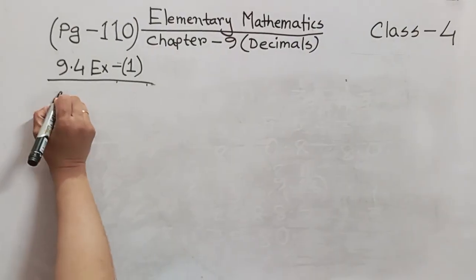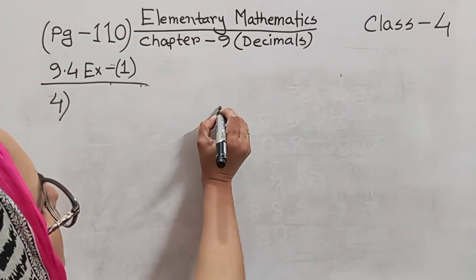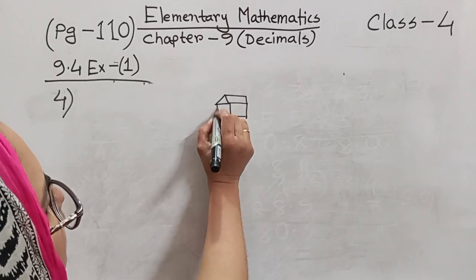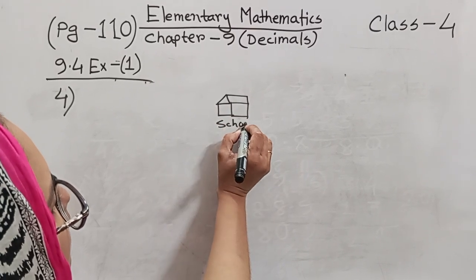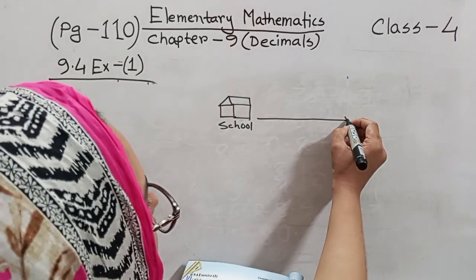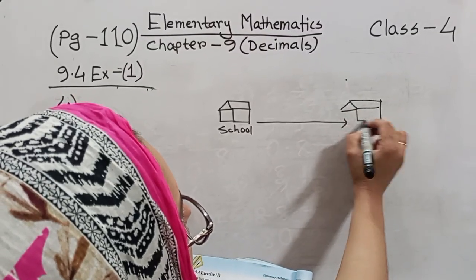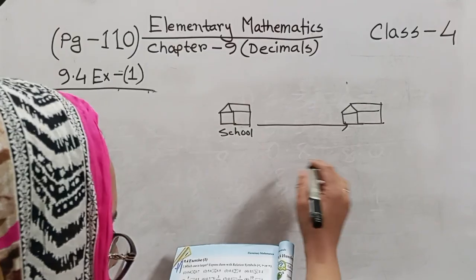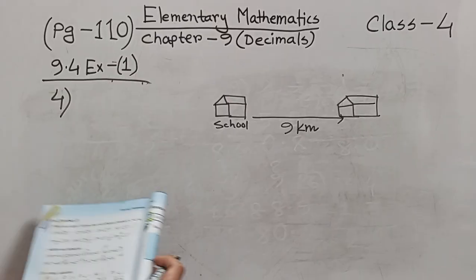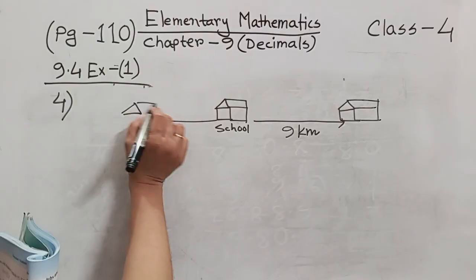Question number 4. Suppose this is school. This is Shima's house. And the distance from school to Shima's house is 9 kilometers. This is Gautam's house.